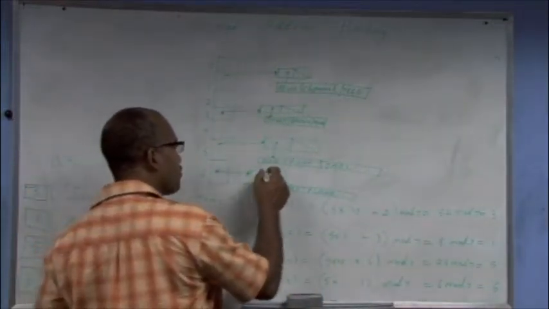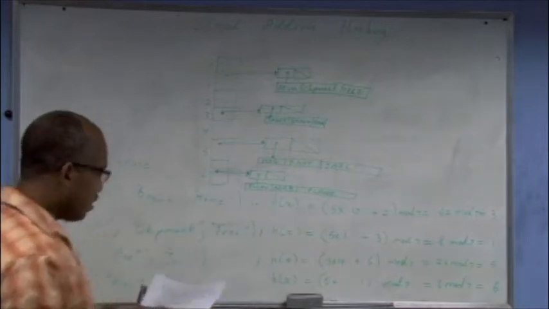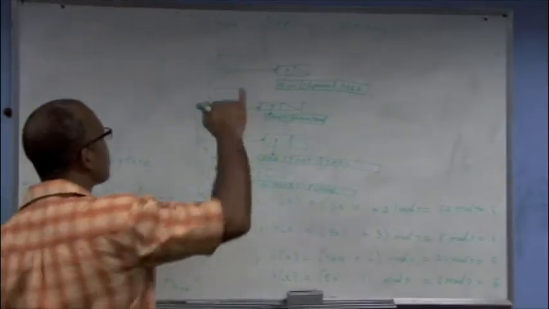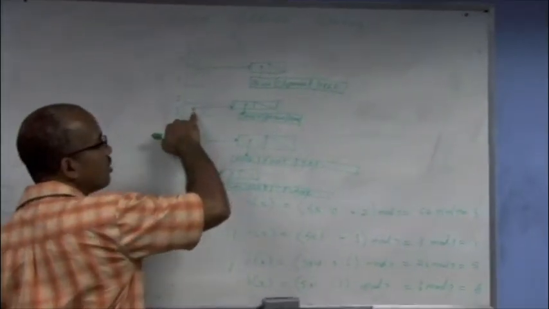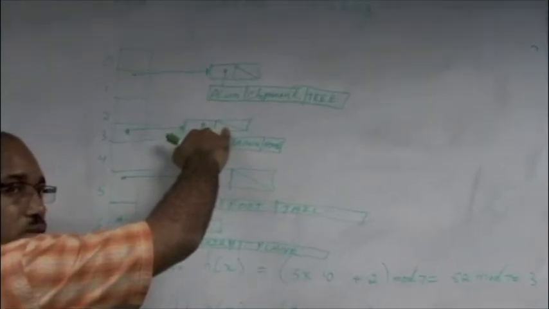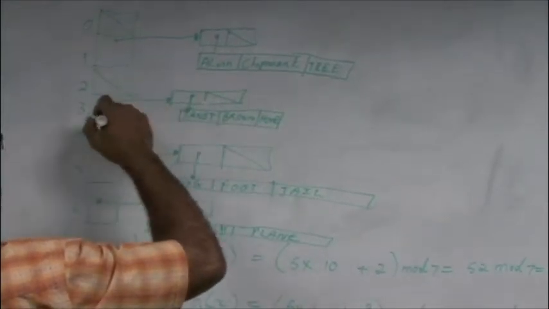Of course, if you had something else that had hashed to address 3 for argument's sake, then all you do is come down to address 3, go to the end of the list that was there, and then tag it on. The rest of these that don't point to anything would have null pointers inside them.